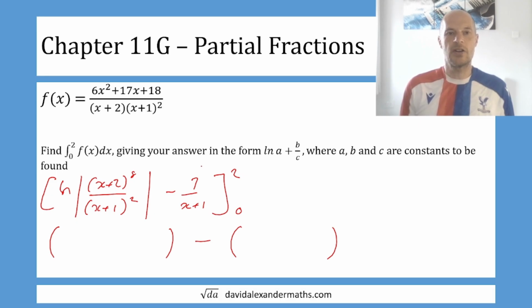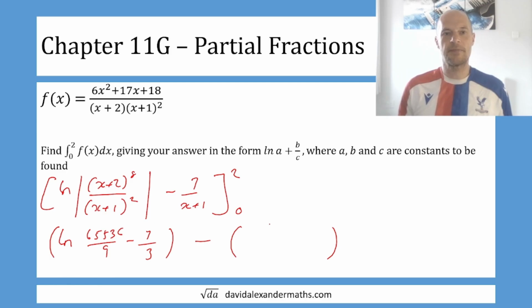The ln of 2 plus 2 is 4. 4 to the power of 8, unfortunately, is going to be a very big number. So that's going to be the ln of 65536 over 2 plus 1, which is 3 squared, over 9. And that fraction can't be simplified. Minus 7 over 2 plus 1, minus 7 thirds.